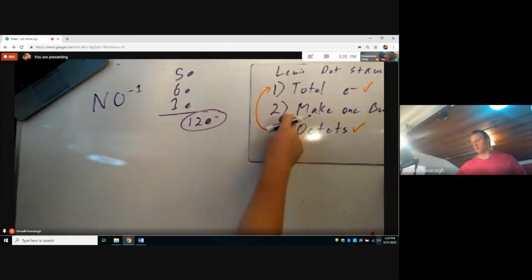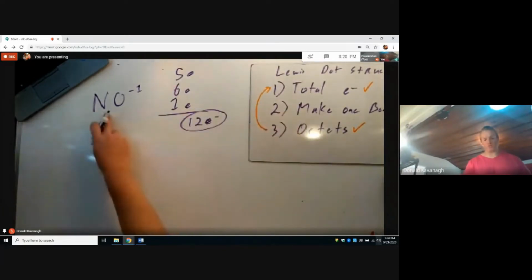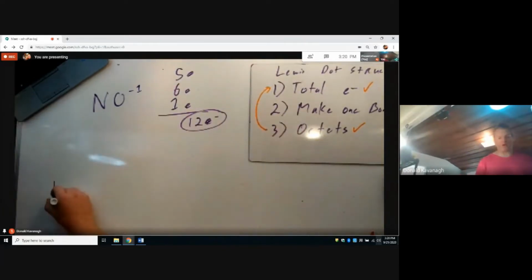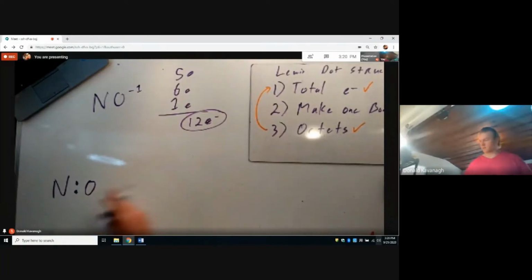Step 2, make one bond in between each atom. Our first prediction will contain one bond. Every bond is going to have 2 electrons, so this is one bond. Step 3 is check octets. Most of the atoms that we work with are going to require 8 electrons, the octet, surrounding it.